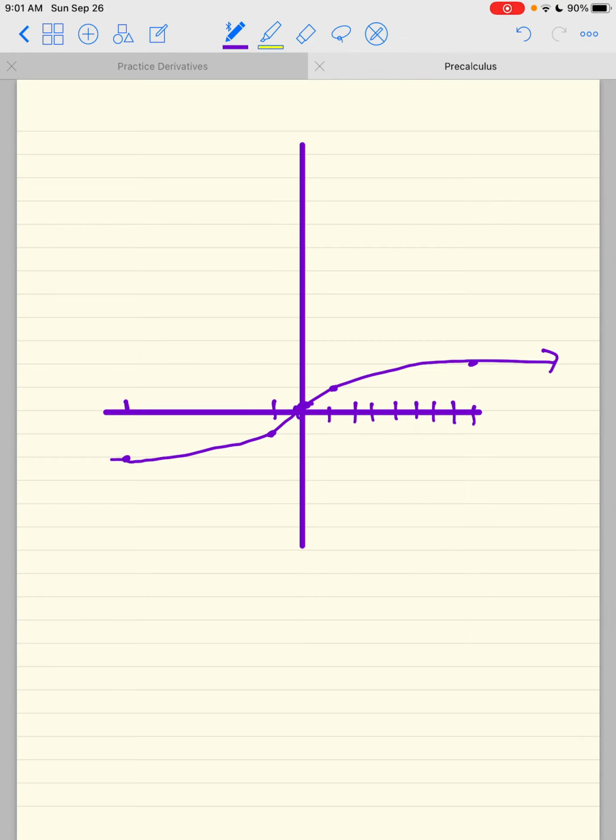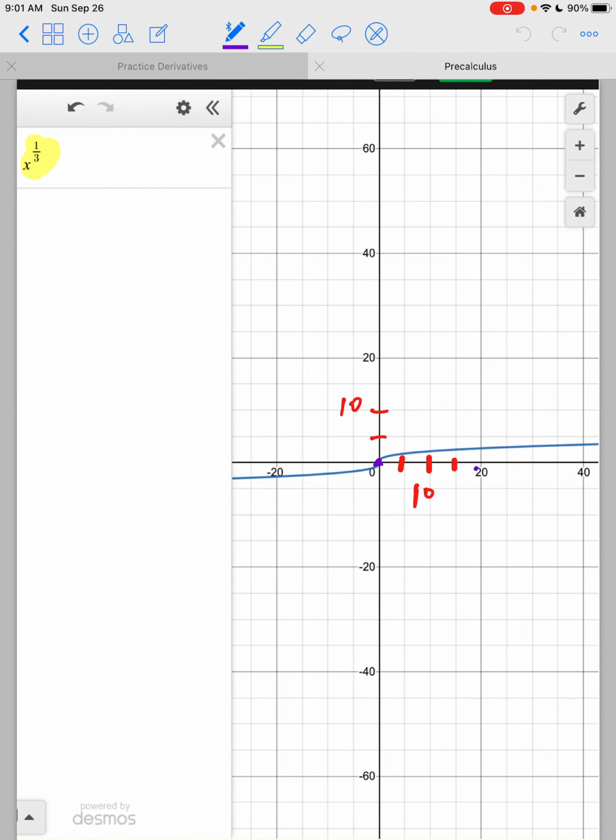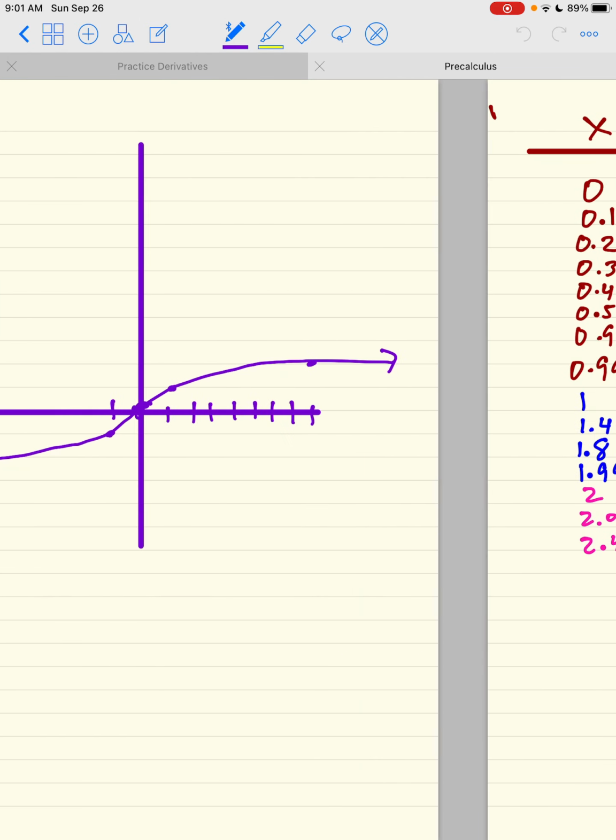This part is going to look like this, okay? So, with that being said, now you guys can see this picture better. Okay, great. So that's how you do that one.